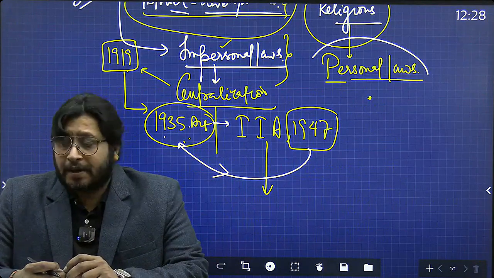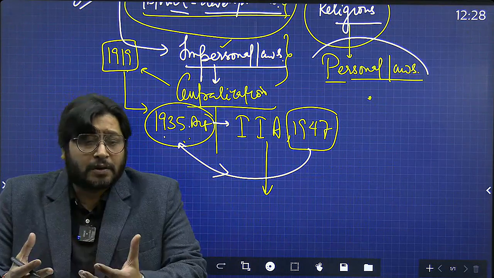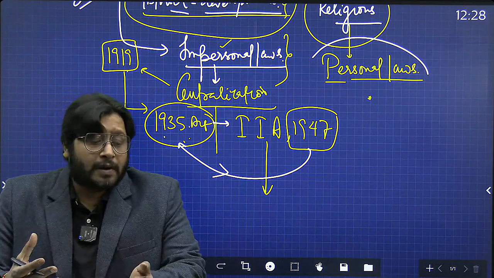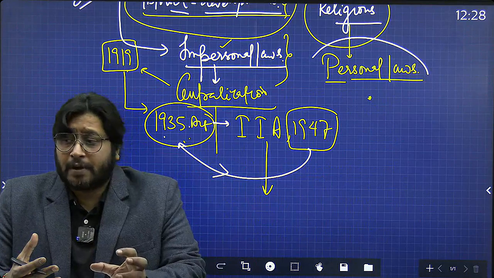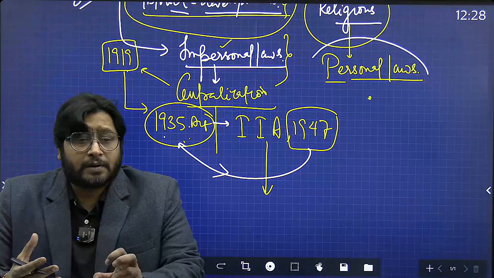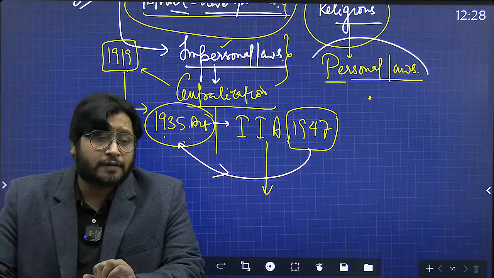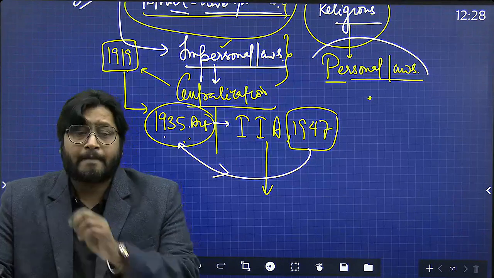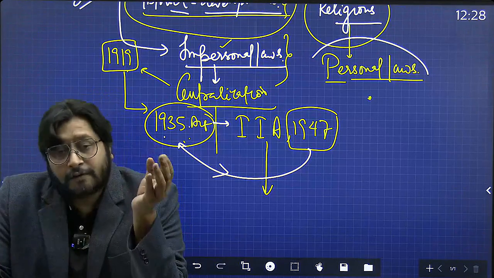Then prior to that, if you see, there were certain scholars, certain administrators who had contributed to the development of the civil services system, right? Especially, any name you know, Hastings created the collector's office. Hastings' contribution to the collector's office.